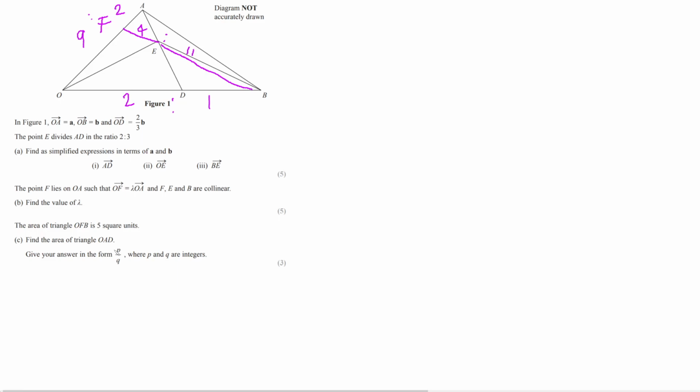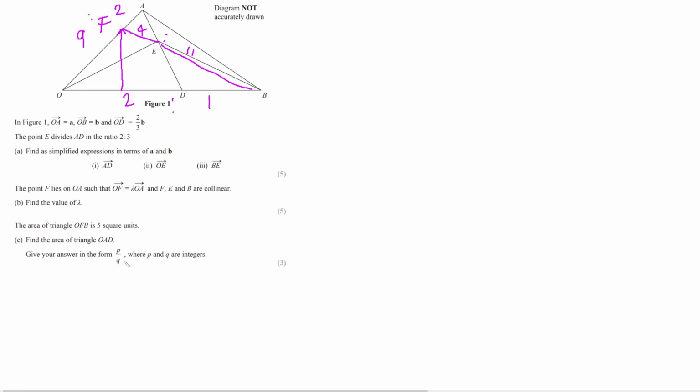Alright, I'm just back from a toilet break, and I've thought about this question, and I have an explanation for you all. So, we start with a formula for the area of the triangle OFB. It's 5 square units, right? So, we know that F is going to be some height above OB.